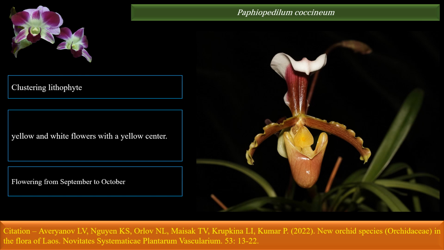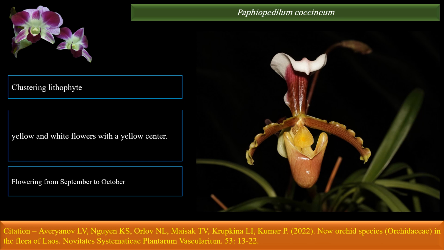Then comes our Paphiopedilum coccineum. So this is a clustering lithophyte, and the flower is yellow and white with a yellow center, and the flowering period is from September to October.